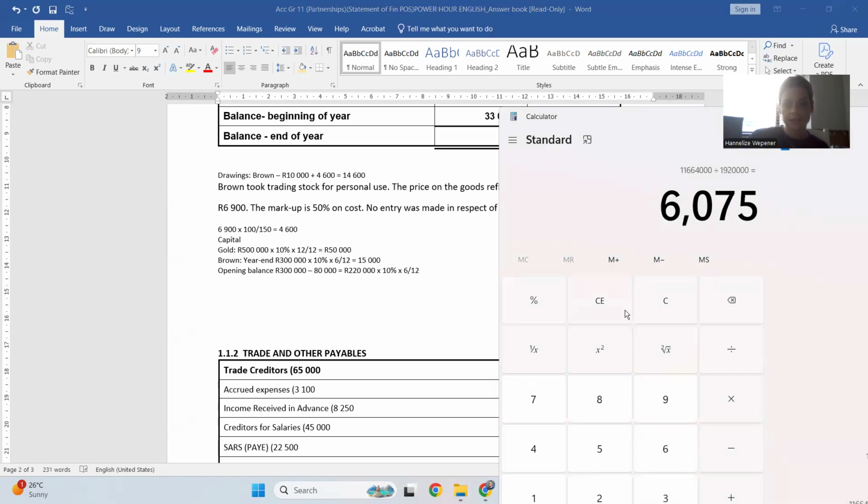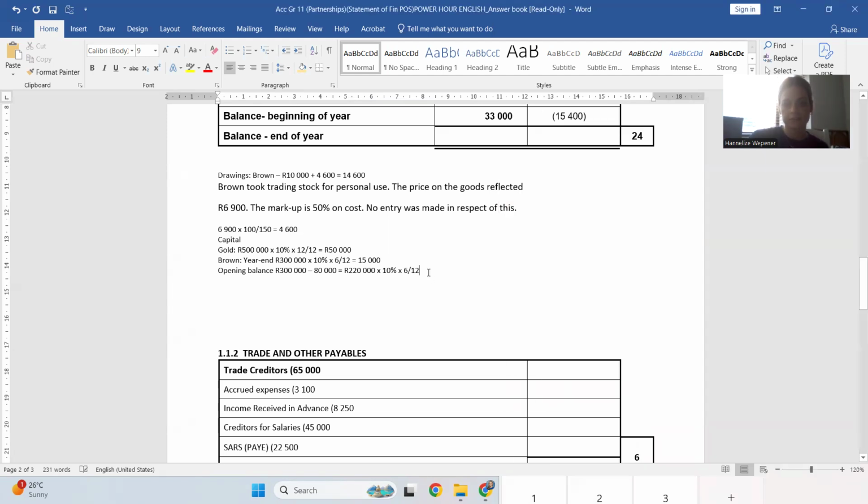Then, prior to that, she had 220,000 Rand in capital. 220,000 Rand times 10%, but only for 6 out of the 12 months, so 11,000. So in other words, her total interest is the 15,000 plus the 11,000, and that then amounted to 26,000.